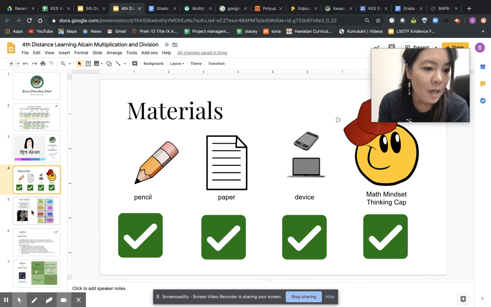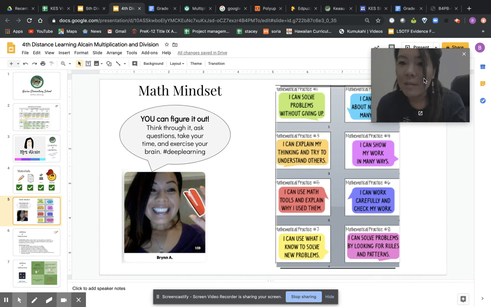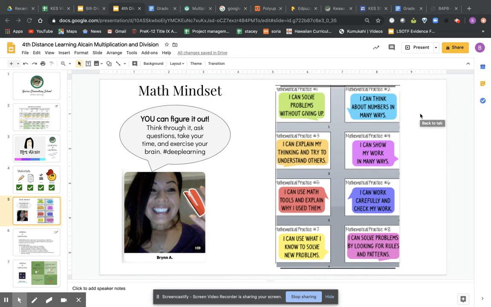Math is always full of problems. Sometimes when we're doing math work, we get frustrated. We all do. But if we think about math through some of our mathematical practices and develop this math mindset, it'll really help us with our learning.